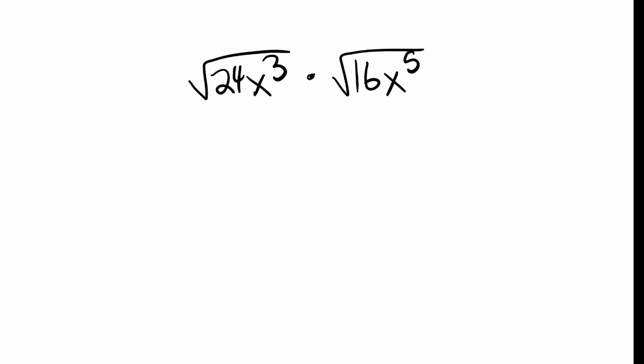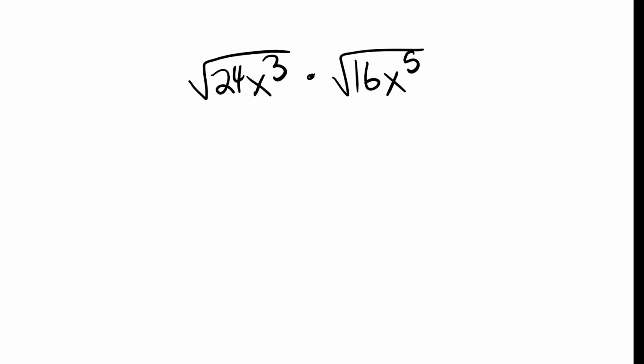So let's say we have something like root 24x cubed times root 16x to the 5th. So this is a trickier type of question because we're stuck with multiplication of two square roots. The insides are not exactly the same, so I can't use the trick that I used on the previous problem to very easily just get to the final answer.